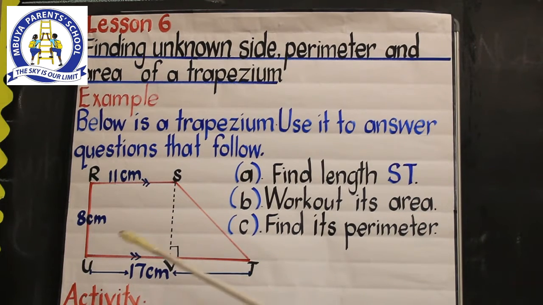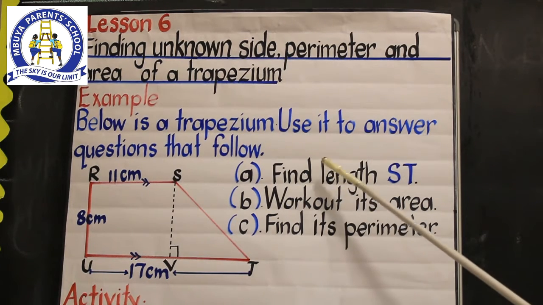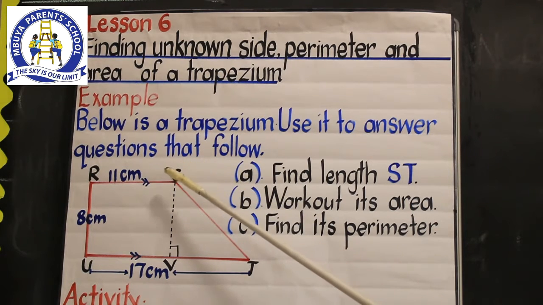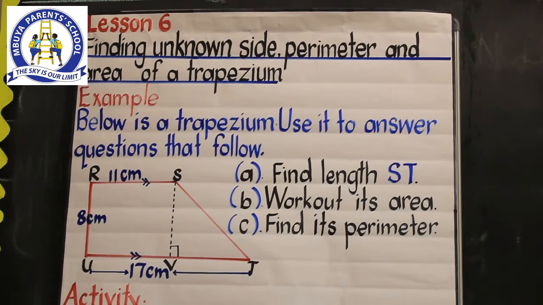The TU is given 17 centimeters. Then UR is given as 8 centimeters. And the first part of that particular question says find length ST. Find length ST, that slanting side of the trapezium.